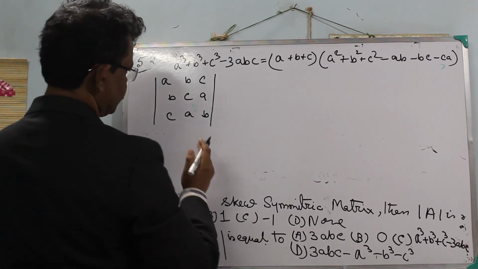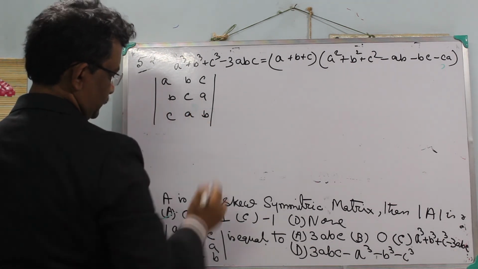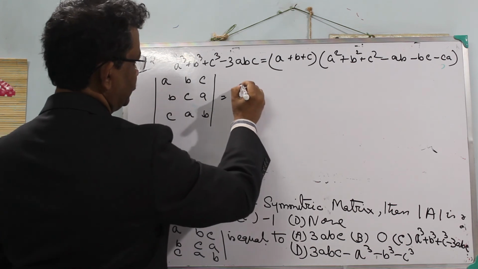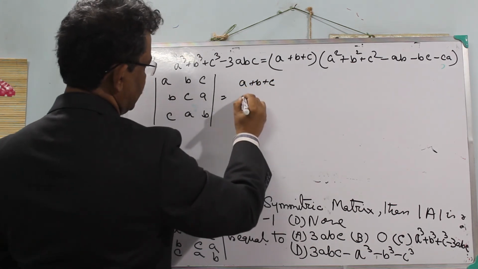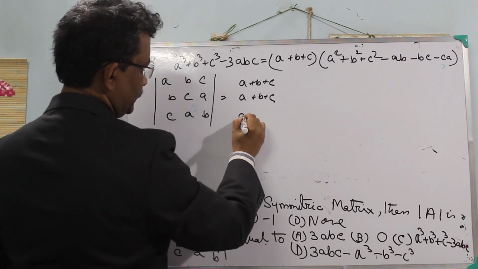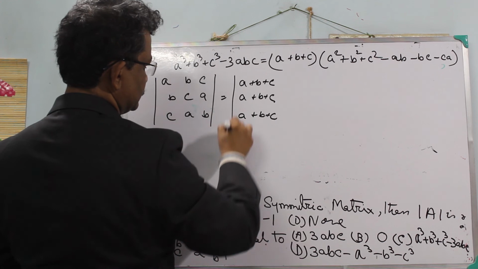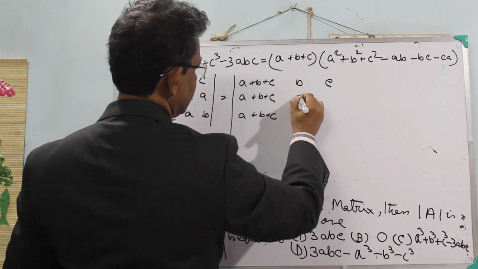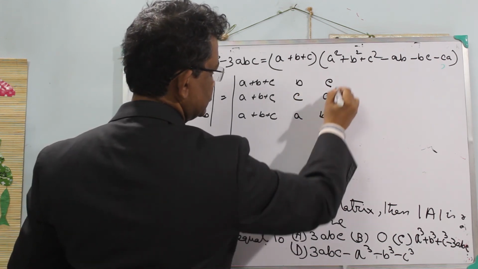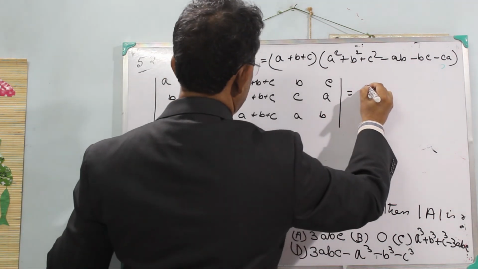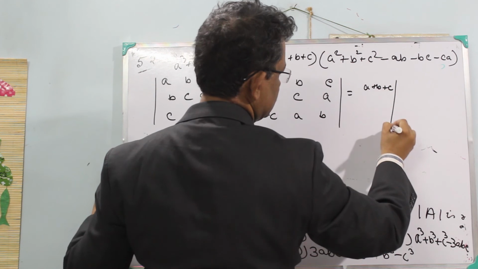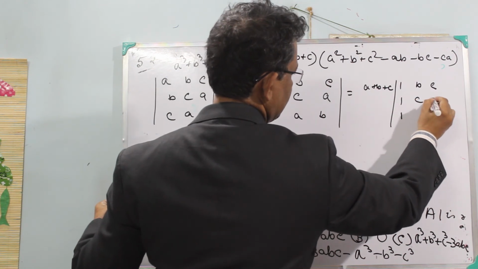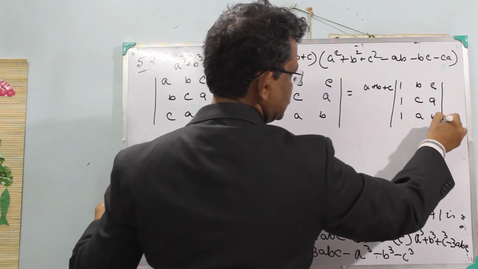If I add all the rows, suppose I am adding all items, A plus B plus C, A plus B plus C, A plus B plus C in the first row, then B, C, A and C, A, B. Taking A plus B plus C common, the first row becomes 1, 1, 1, then B, C, A and C, A, B. Clear?